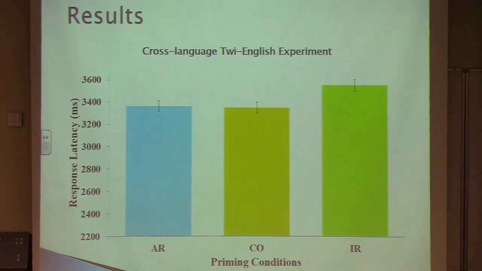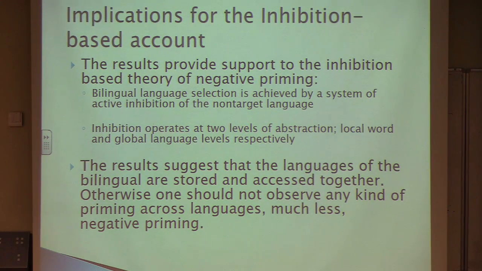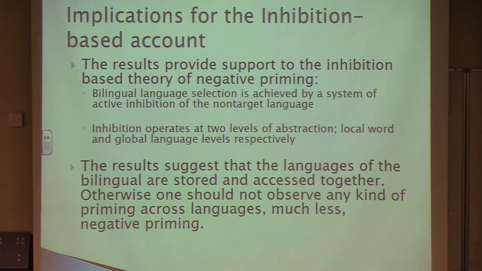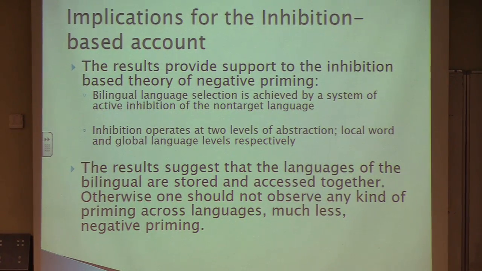And this is consistent with the inhibition-based account, whereby I stated earlier that they will predict a dissociation between the two: a negative priming effect in the ignored repetition, but no positive priming effect in the attended repetition condition.